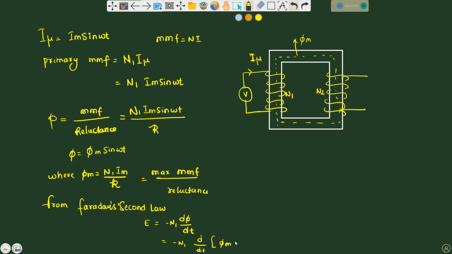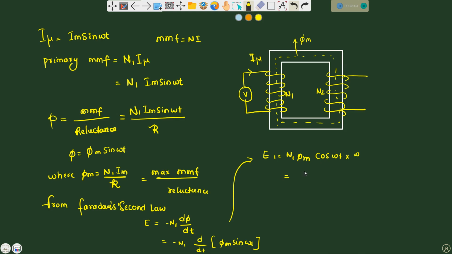Phi m sin omega t, then E1 equals N1 phi m, differentiation of sin is cos omega t, and differentiation of omega t is omega.